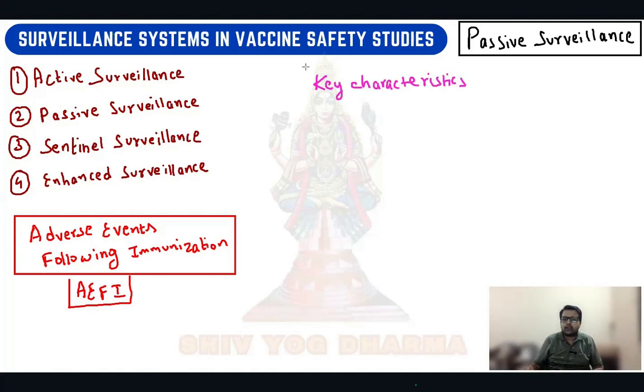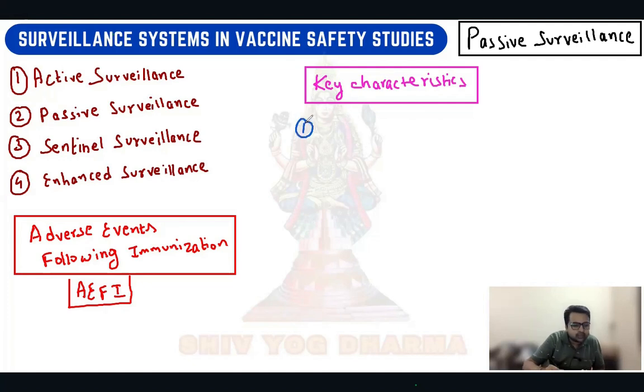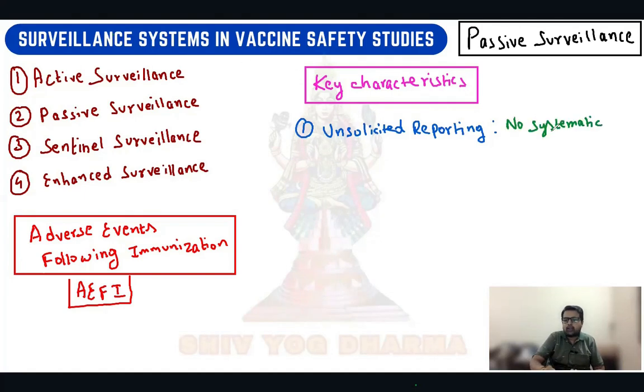The first important characteristic which will define the nature of passive surveillance is unsolicited reporting. What does it mean? Basically, there are no systematic efforts to get AEFI.